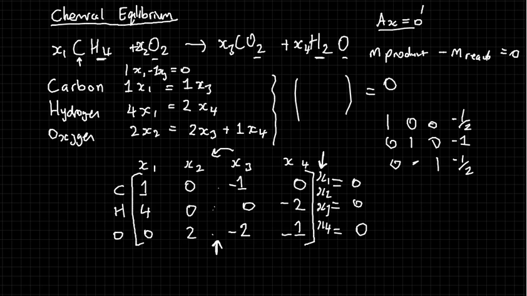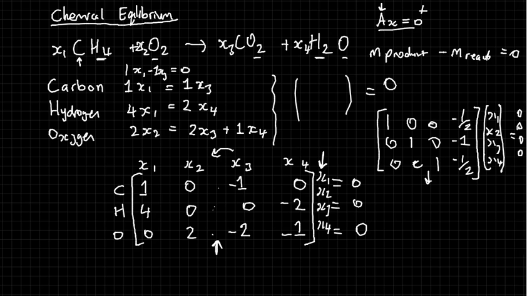And because we've got the equation Ax equals 0, we don't need to worry about the right hand column, because we're just trying to find out how to row reduce this matrix. So we've row reduced it to this equation here, with x1, x2, x3, x4 equal to 0, 0, 0, 0.